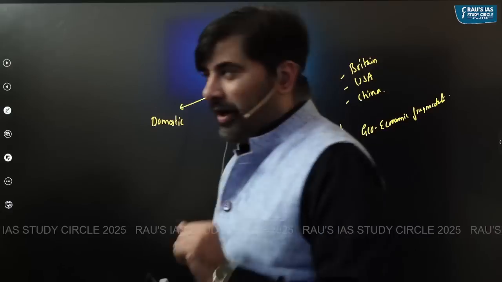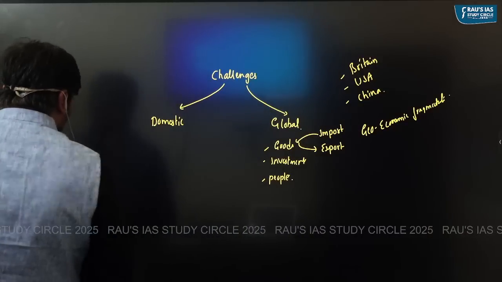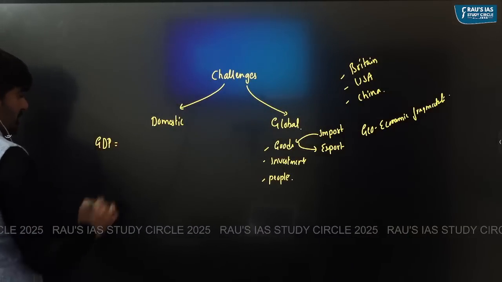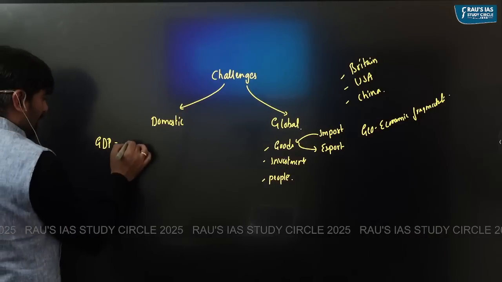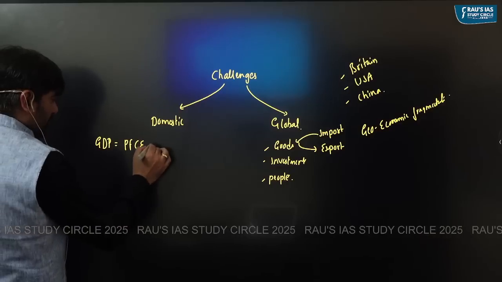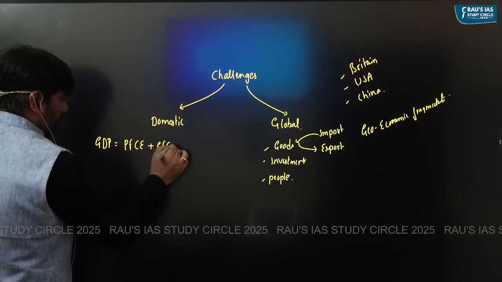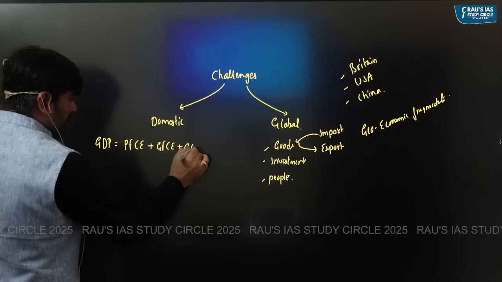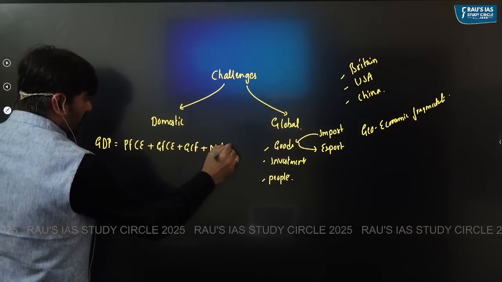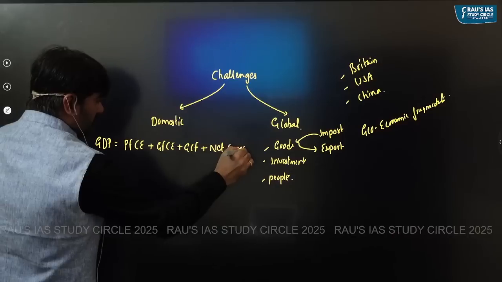So we all know how GDP is calculated, right? GDP, according to the expenditure method, is calculated as private final consumption expenditure, government final consumption expenditure, gross capital formation plus net exports.